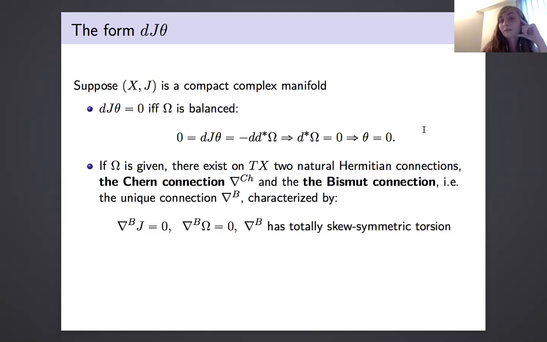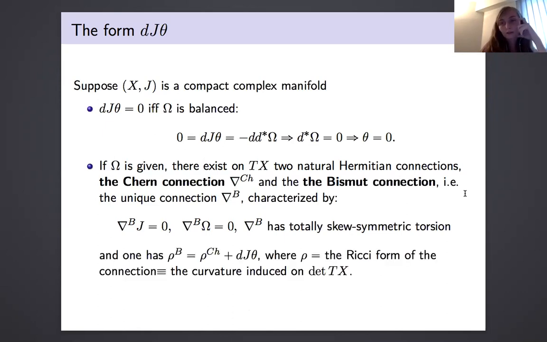And the second connection is the so-called Bismut connection, or the Kähler with torsion connection. And this is the unique connection which is Hermitian. So these are the two conditions saying Hermitian. And the third condition is that it has totally skew-symmetric torsion. And these two connections coincide precisely when the metric is Kähler.